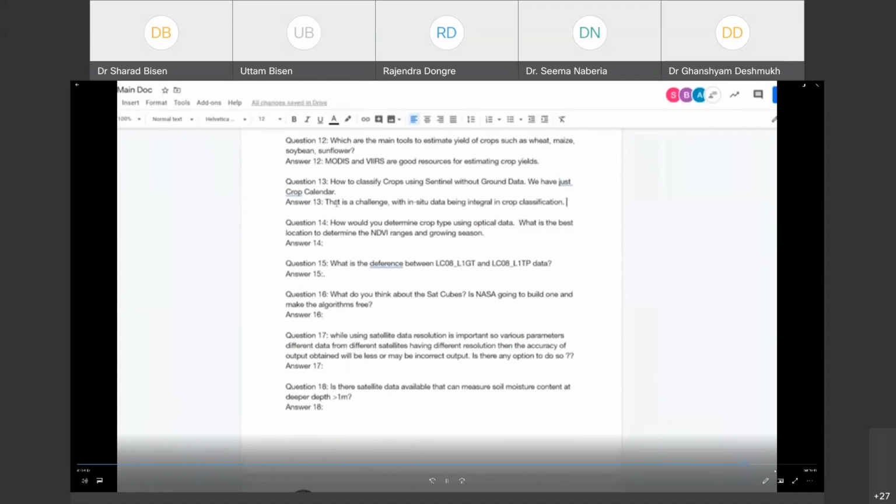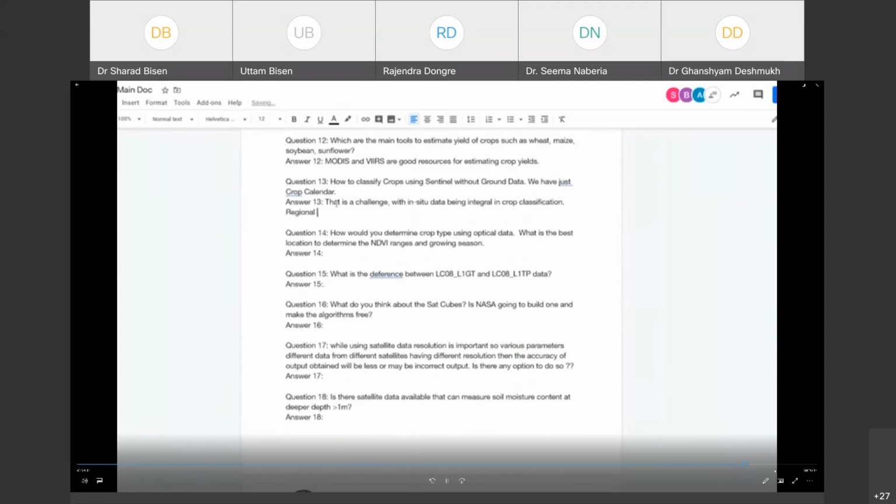And if you have data from previous years, there's other literature out there that has used a time series of previous years' crops grown in different regions to model crops grown for that given growing year. But really in situ data is going to be incredibly important in terms of classifying, especially the accuracy of how good the classification of those crops is.